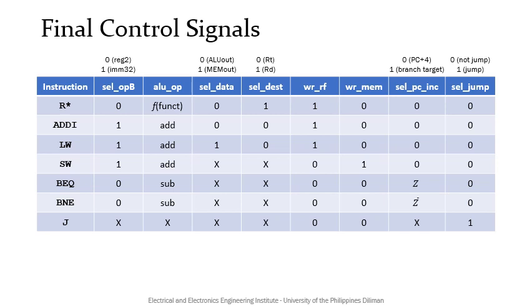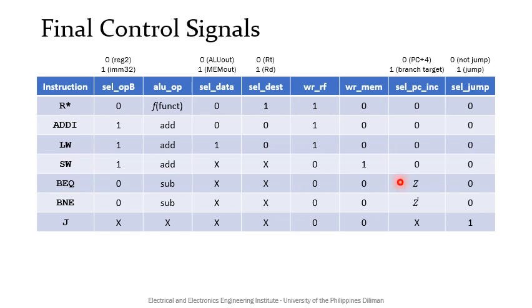Our updated and final control signal table should look like this one. From our last table, we added 3 more rows for BEQ, BNE, and jump. We also added 2 new columns for select PC increment and cell jump. Notice how the entries for cell PC increment are written as logical expressions instead of zeros and ones.